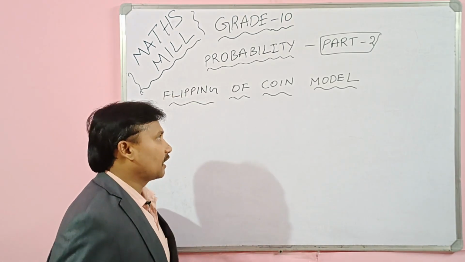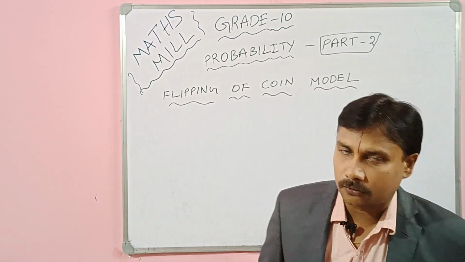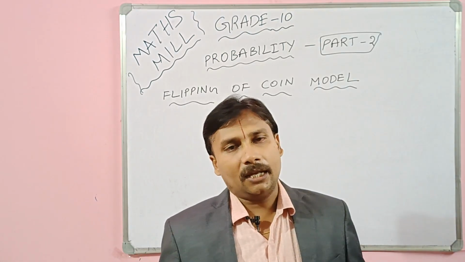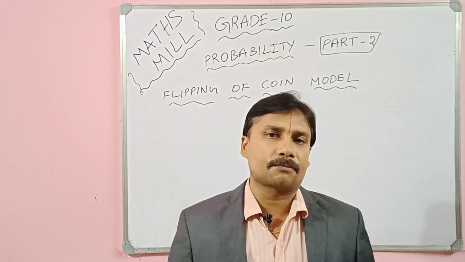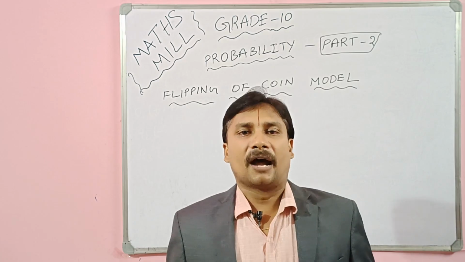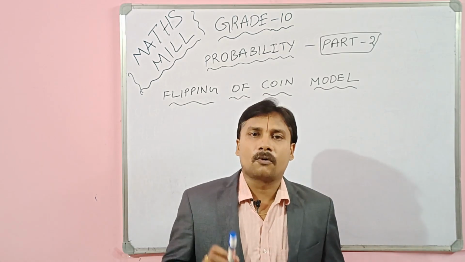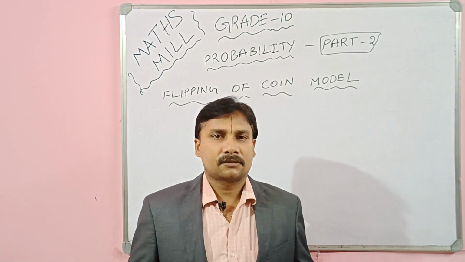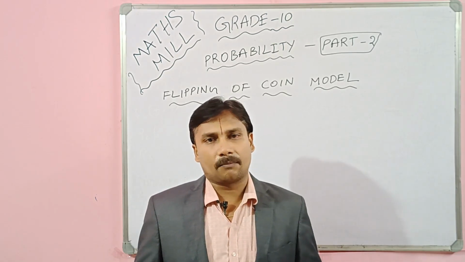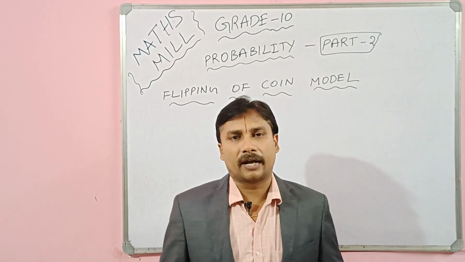So, in the earlier class, we discussed probability, in how many ways, and the models of the sums. Part of that, we discussed playing cards: from the deck of playing cards, if we take a card randomly, what is the probability of getting that card.